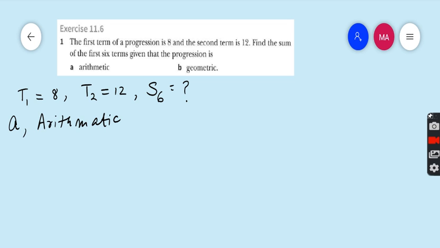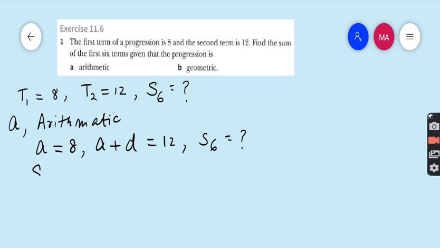If the progression is arithmetic, then the first term we call A, that is 8, and the second term is A plus D, that is 12, and we need to find S6, the sum of the first 6 terms. Why do we call T2 A plus D? Because we can easily find it by using the formula of the nth term, an is equal to A plus n minus 1 into D. That is why I told you to watch previous lectures.